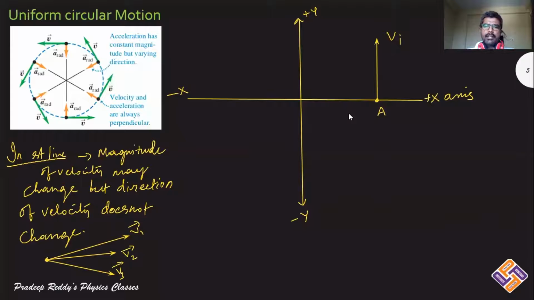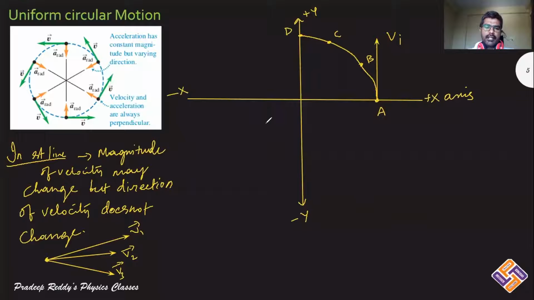Now what actually happens if this particle A is going in this direction? It is traveling from A to B, and from B it is traveling to C, and from C it is traveling to D.